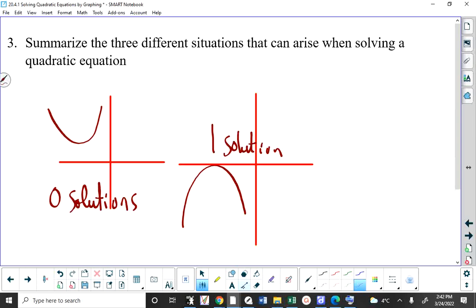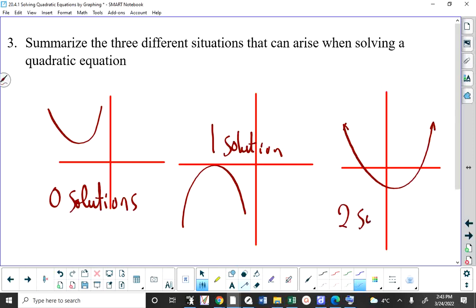These two, well, the parabola on the left isn't rare. Lots of parabolas might look like that, or they might open down and be below the x-axis. The ones that just touch the x-axis are very rare. But the most common one, of course, would be, well, I don't know, most common. We see very frequently parabolas that have two x-intercepts, and this would mean two solutions.